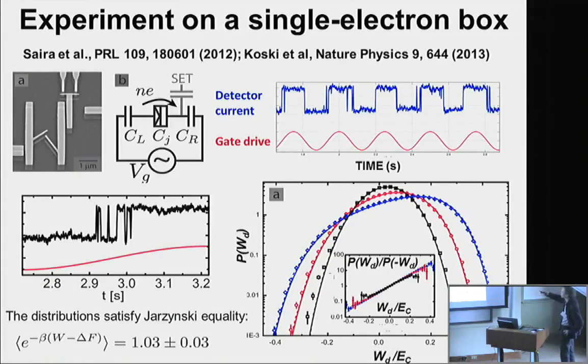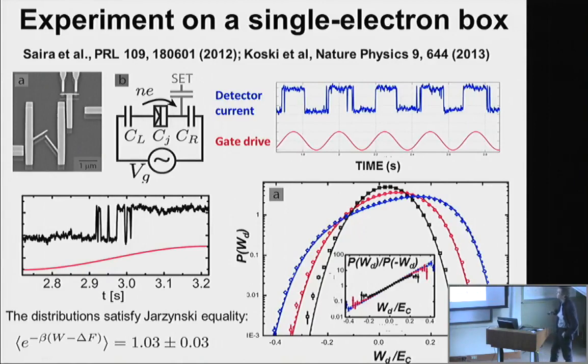But as you also see, there are many jumps usually if you don't drive the system too fast, and there is some stochasticity in the position of these transitions. So what is the task then? Since you have registered the gate position where the transition occurs, you have a handle to really evaluate how much heat is produced in this process.